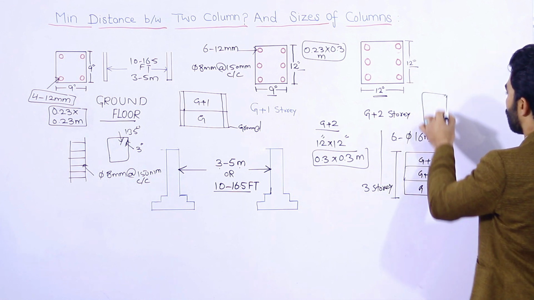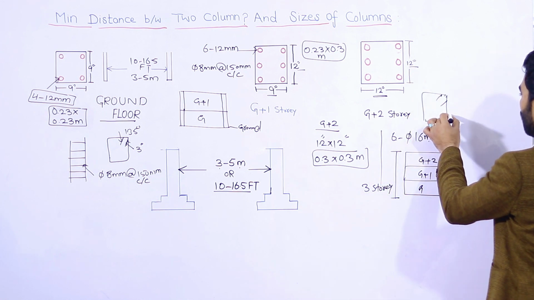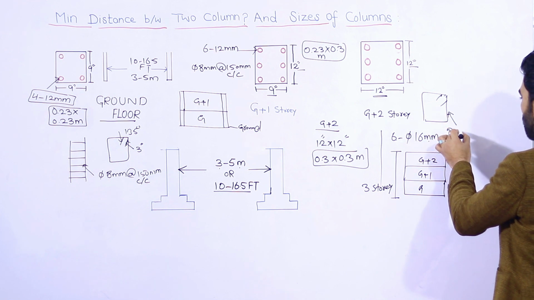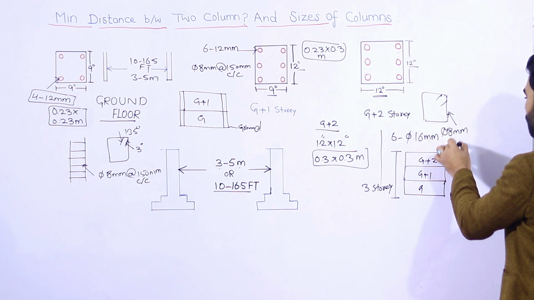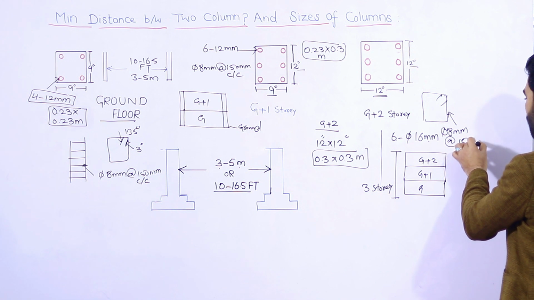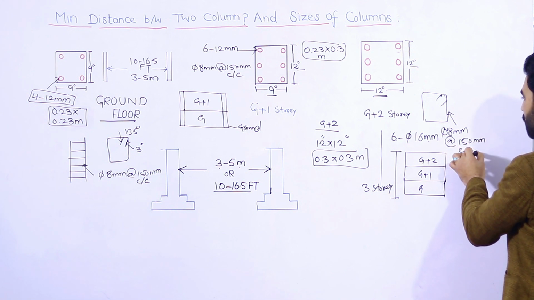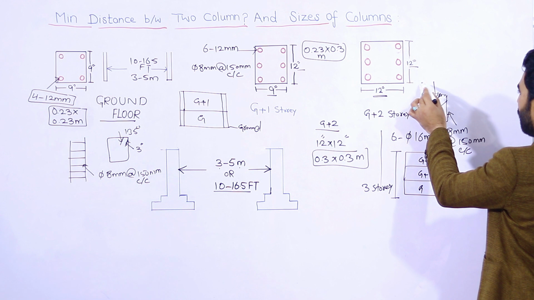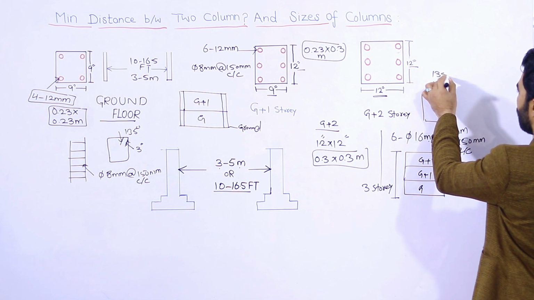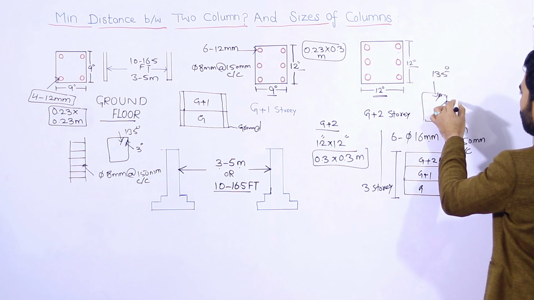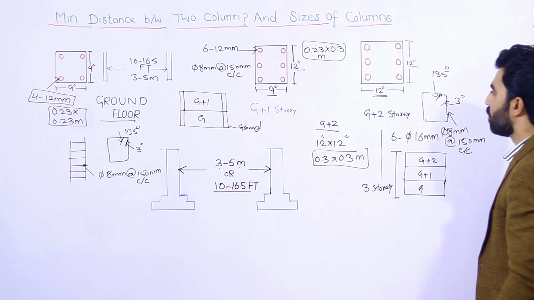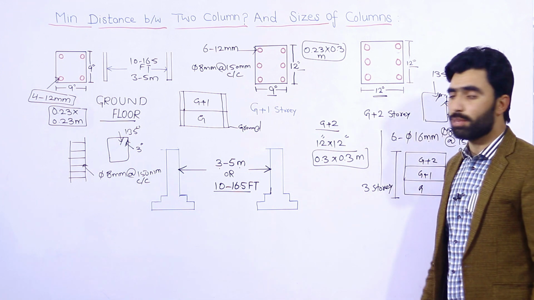Lateral tie dia should be 8 mm with the spacing of 150 mm C/C, and the hooks should be bent at 135 degree with minimum 3 inches length. Okay, so guys, these are steel reinforcement details.